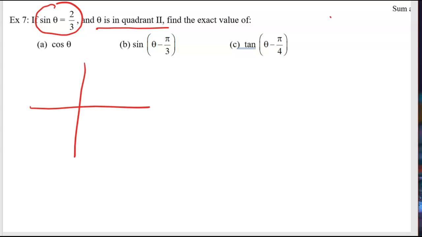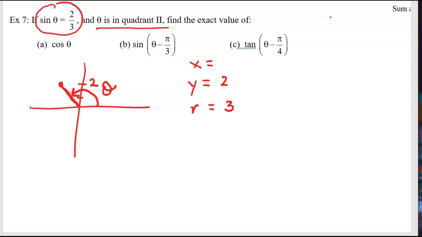I know theta is in the second quadrant. We're given sine, so the y coordinate is 2 and the r coordinate is 3. We do not know x yet. There's r, which is 3, and my theta is there.